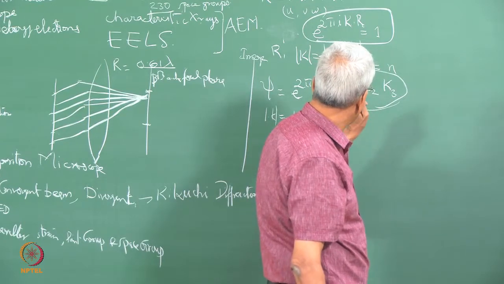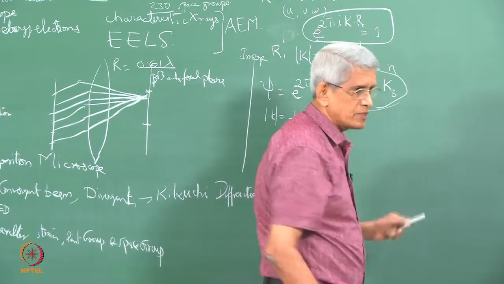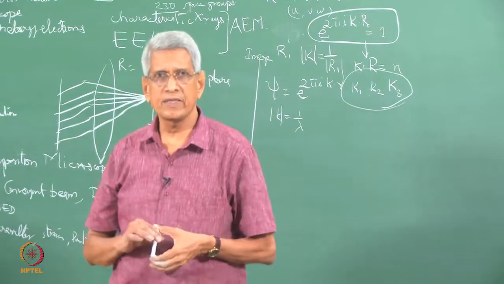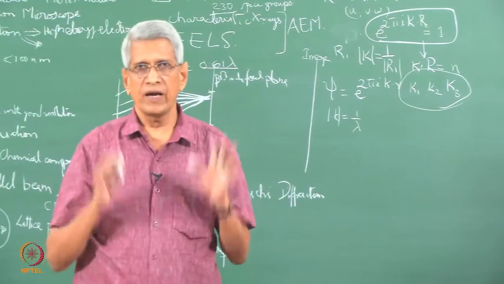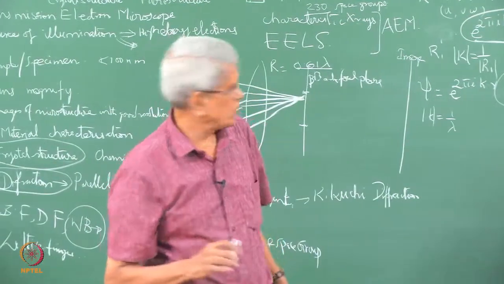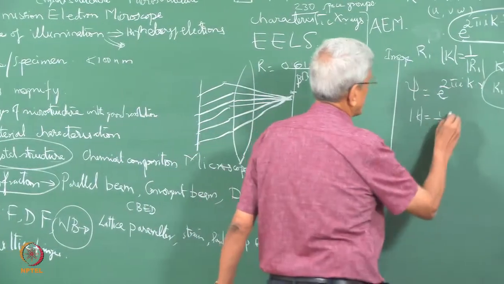Why is this reciprocal lattice information really necessary? Because when we consider diffraction, we use the Bragg condition for diffraction.